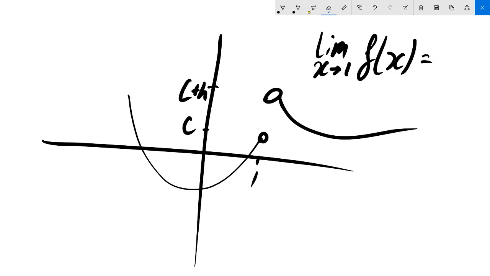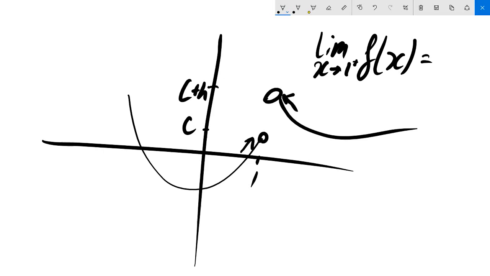But we can actually get this to spit out one of these 2 points. All we have to do is tell it which direction we're coming from. If we're coming from this direction, we're going to put a little superscript plus as x approaches 1. But if we're coming from the negative direction and we want to get this point, we change that plus to a minus.